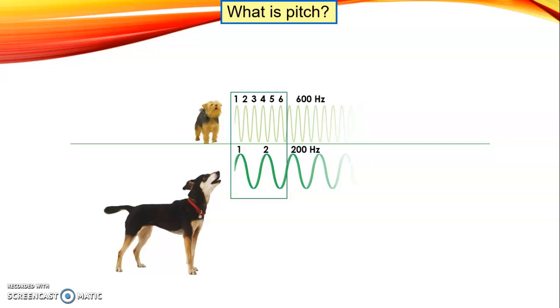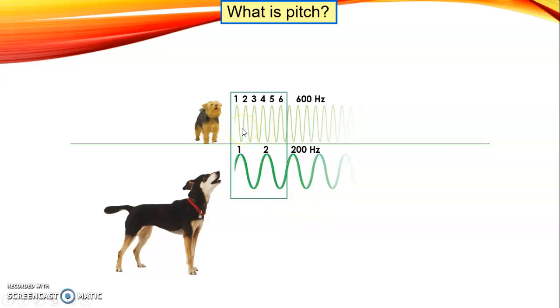To talk about frequency, we are talking about the number of times an object vibrates per second. So here per second the little dog is barking 600 hertz, and the big dog is barking 200 hertz. So that means that high frequency sounds have peaks close together.